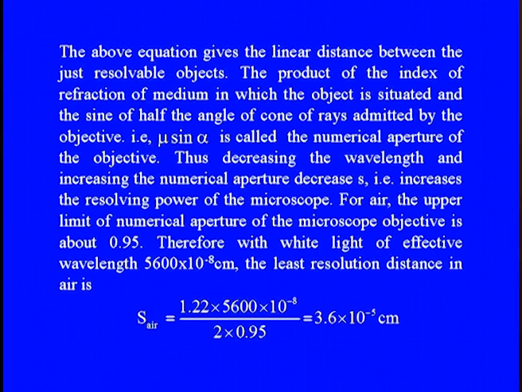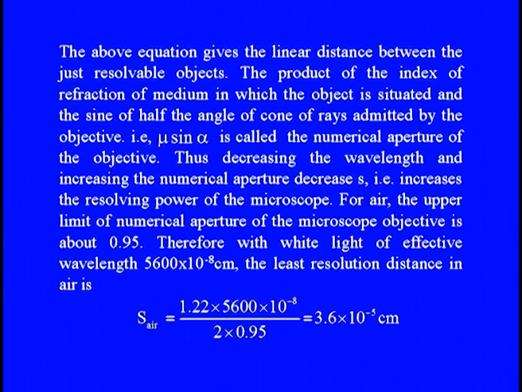Thus, decreasing the wavelength and increasing the numerical aperture decrease S, that is, increase the resolving power of the microscope. For air, the upper limit of numerical aperture of the microscope objective is about 0.95.